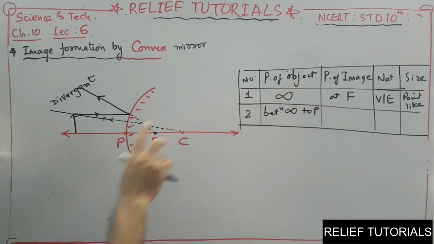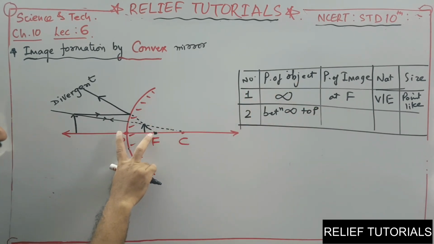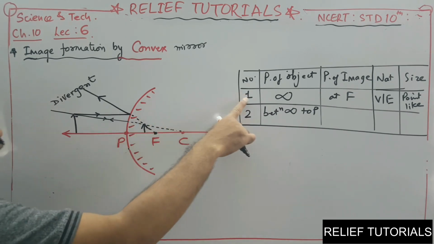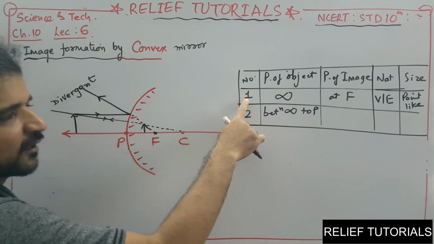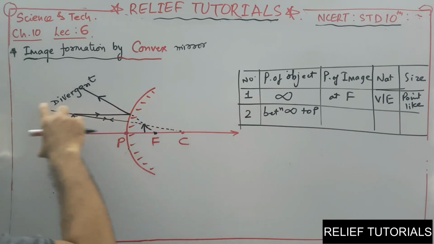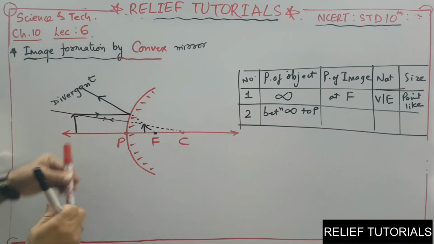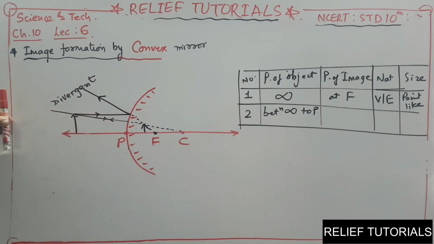So the position of image is between P and F. What was the first case? In the first case we placed the object at infinite distance. You can compare like this: the object was at infinite distance, and you are bringing it closer.